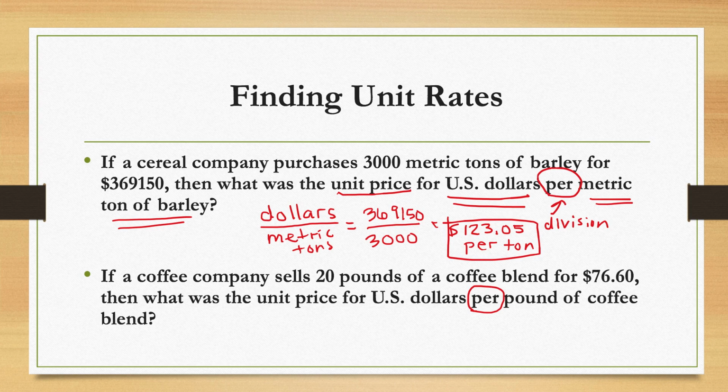We'll look to the left of that and we see that we're talking about US dollars. And to the right, we're talking about pounds of coffee. So I'm going to set up that rate by putting the dollars on the top because it comes first. The dividing line, which is the word per, and then the pounds of coffee.